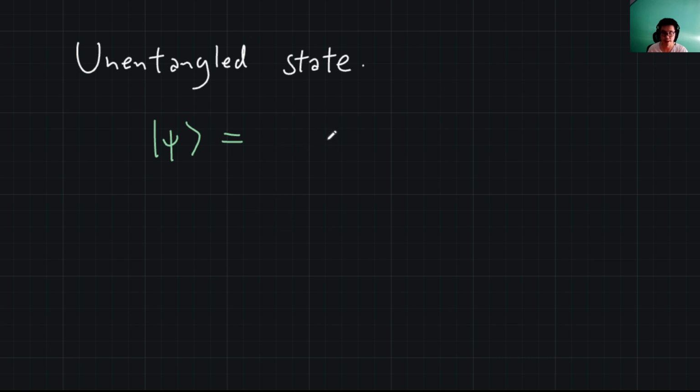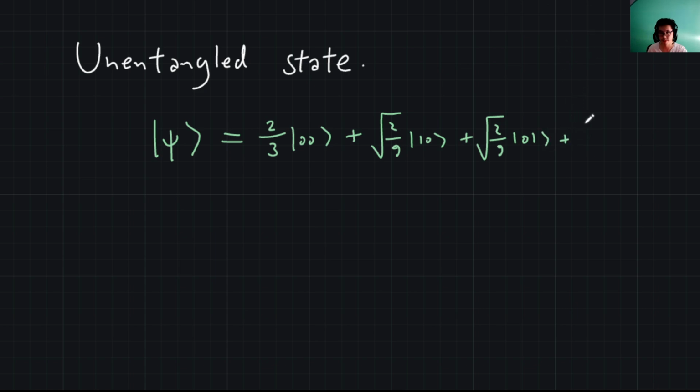So we have two-thirds of |00> plus root 2/9 of |10> plus root 2/9 of |01> plus 1/3, okay, of |11>. So let's check if the probabilities sum to unity.